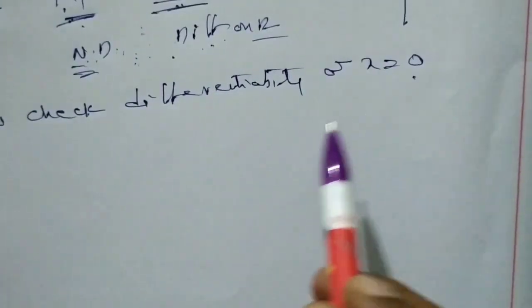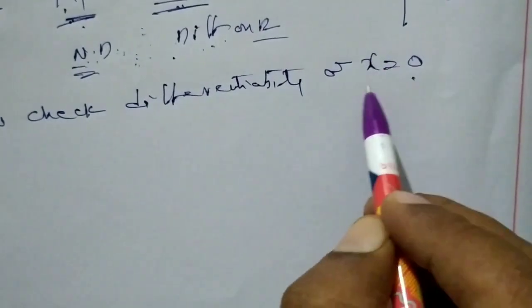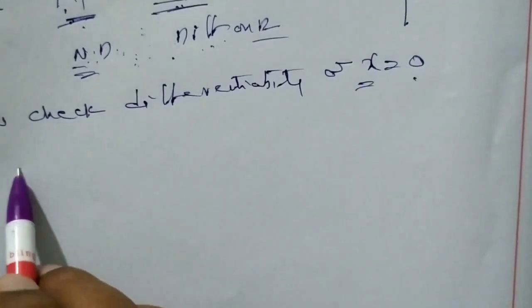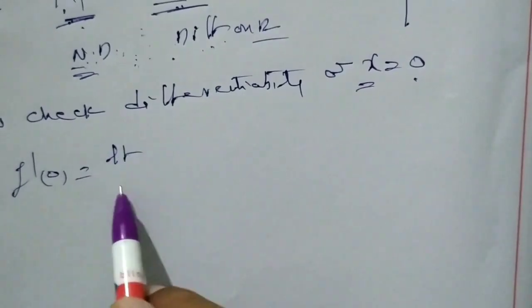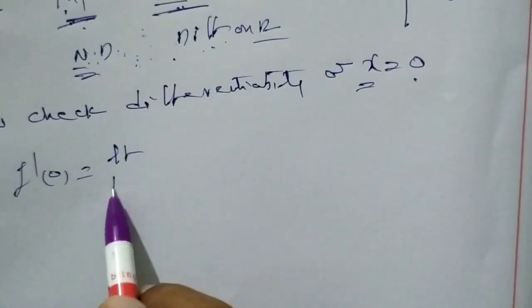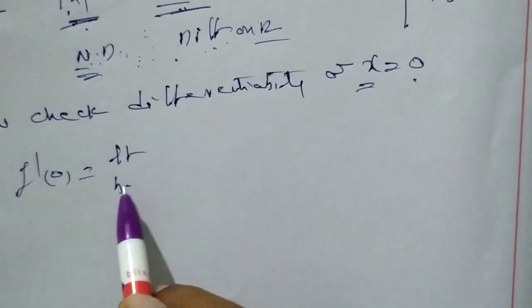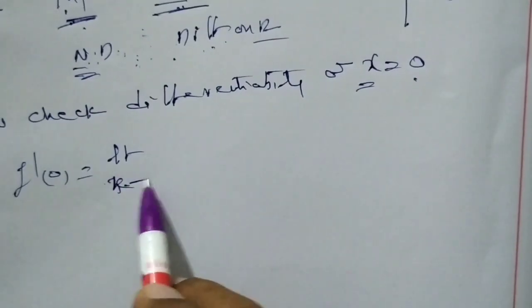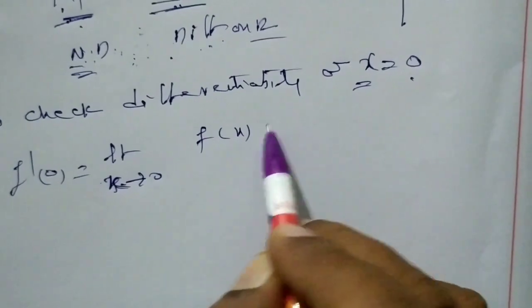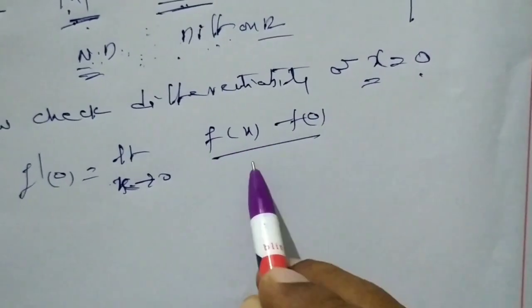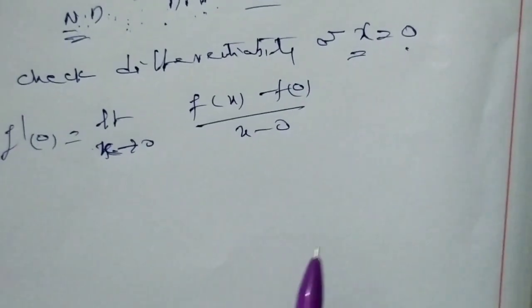Now check the differentiability at x is equal to 0 using the formula. So f dash of 0 we need to find out is equal to limit x tends to 0 of f of x minus f of 0 by x minus 0. This is the fundamental formula.